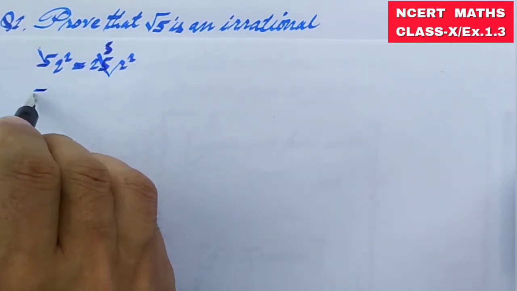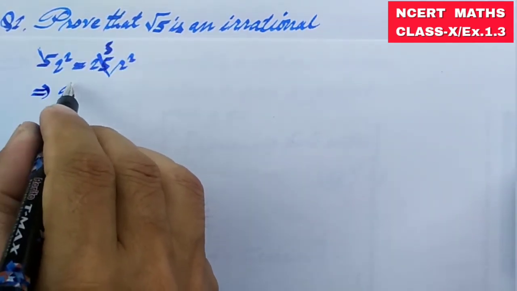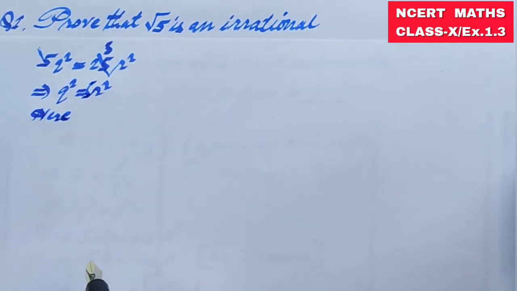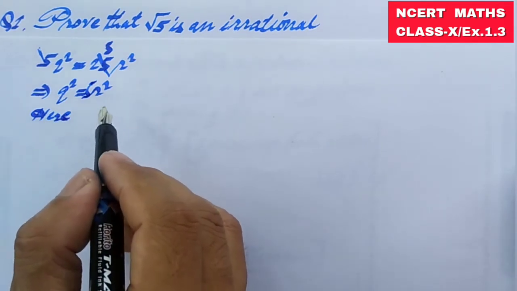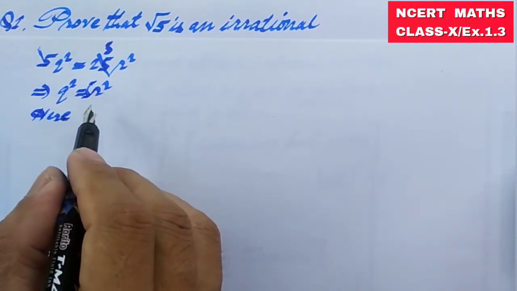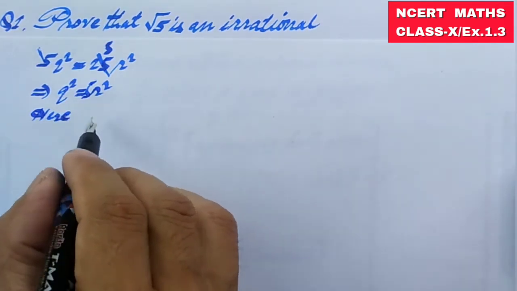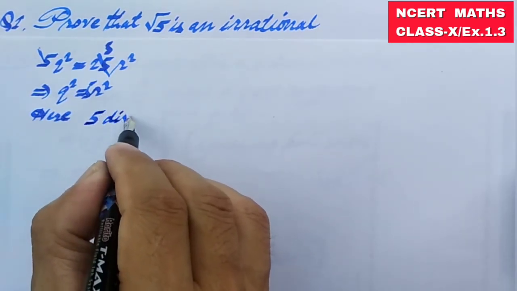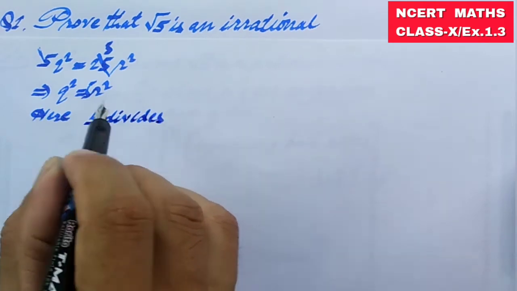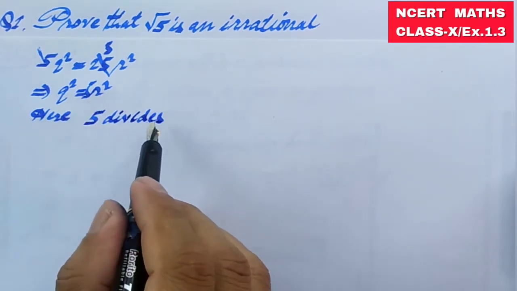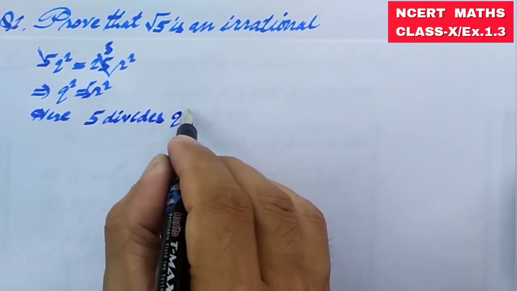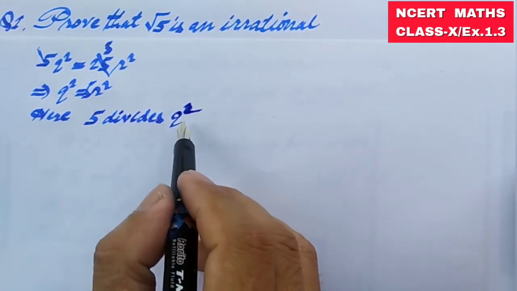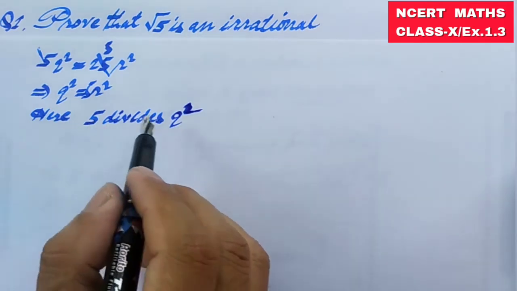So we get q square equal to 5r square. Here 5 divides q square. So we also get that as before, 5 divides q.